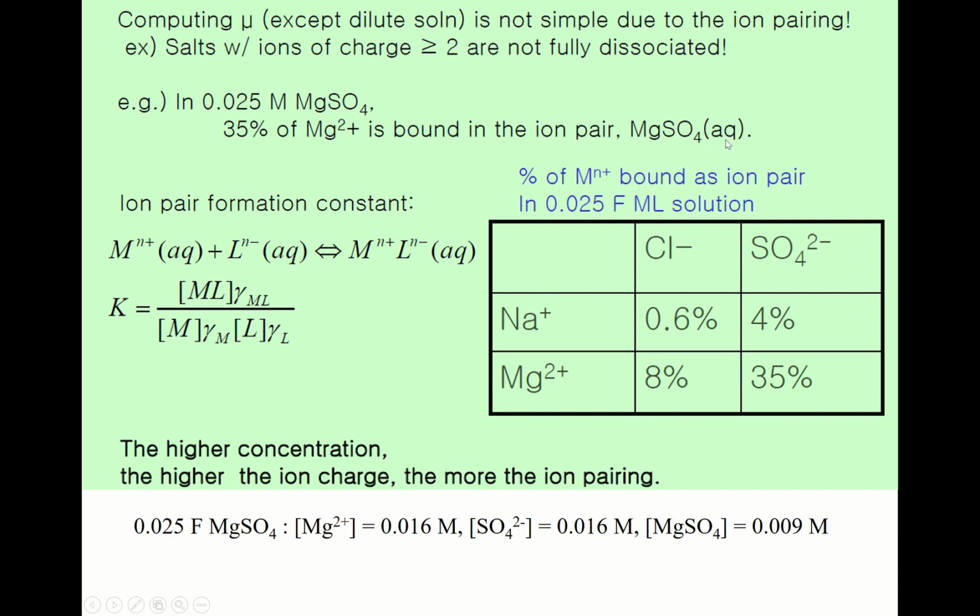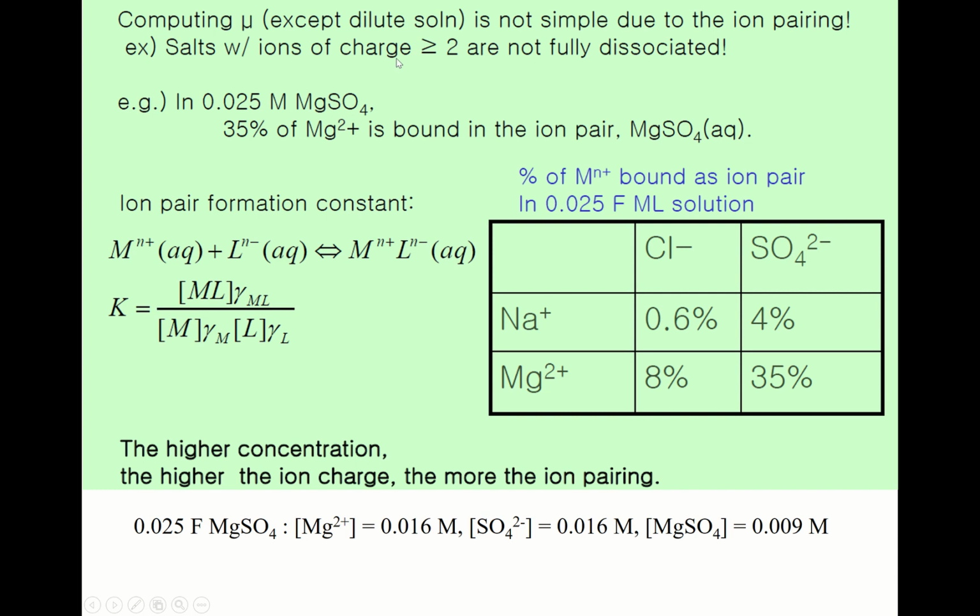This is an aqueous species, completely soluble. So we have to consider the ion pairing effect. This is a very common phenomenon in aqueous solution.